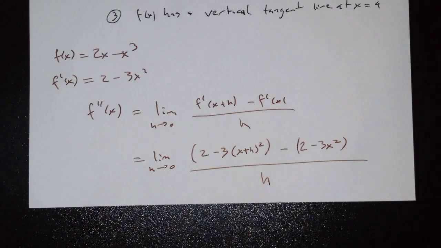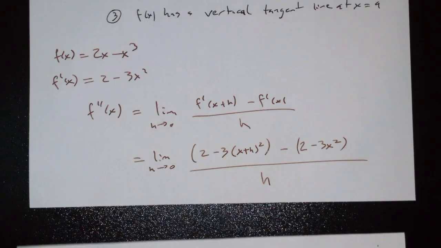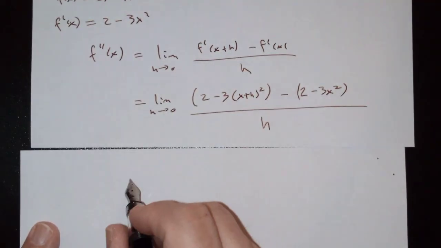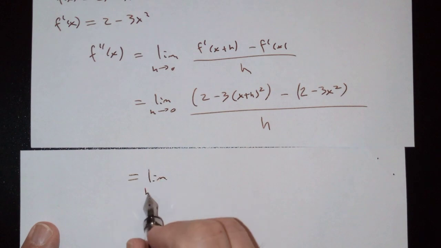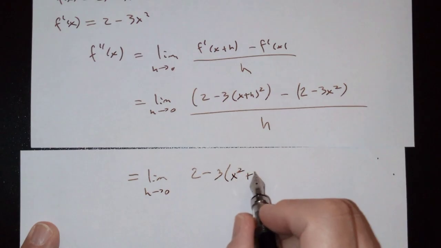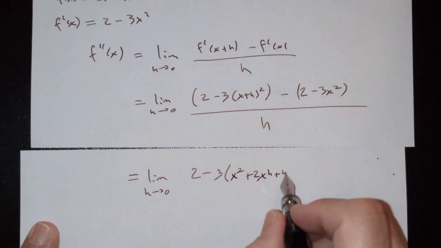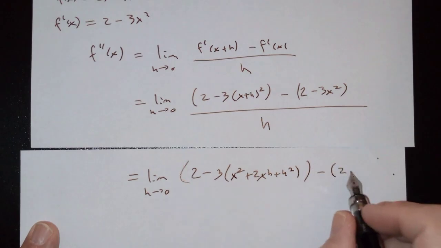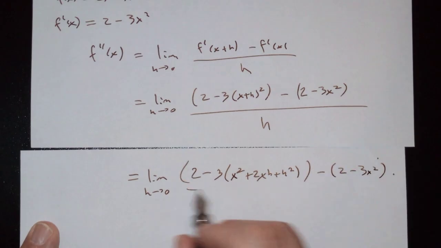And again, now it's just a matter of algebra. I'm going to multiply out that x plus h squared. x squared plus 2xh plus h squared, minus 2 minus 3x squared.